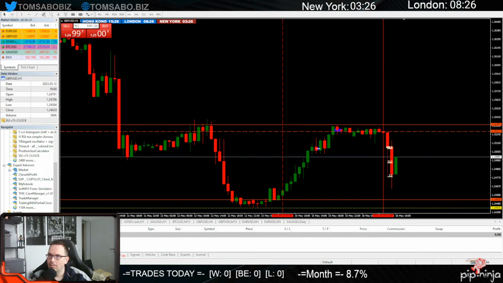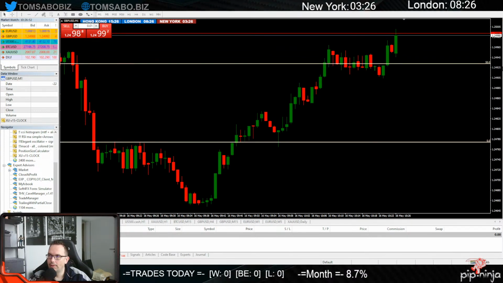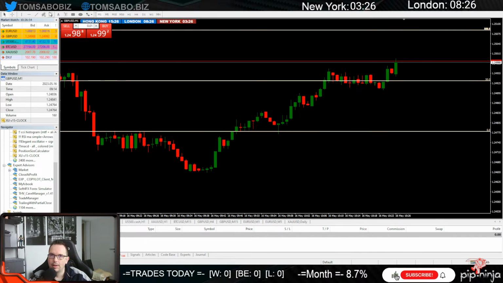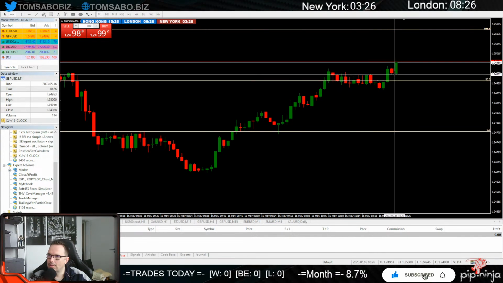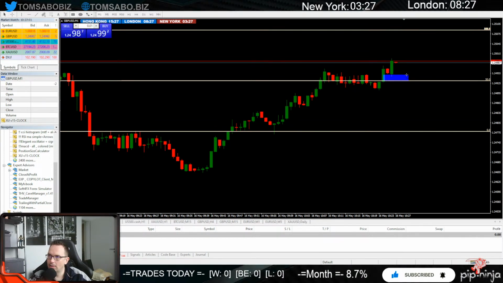Why? Because on the 15 minute, we have this long candle imbalance. We have quite a range to price in. We went down to this fair value gap. We tapped into some liquidity right there.